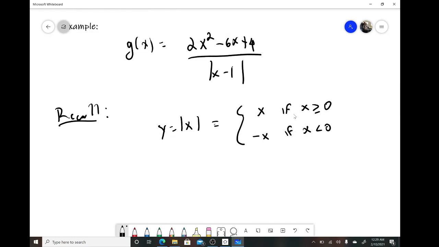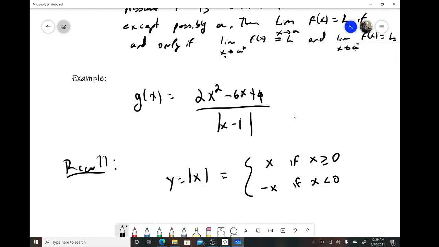Okay, so what can we do here? I could split up this g function into two pieces. And I'm finding, by the way, the limit as x goes to 1 of g of x. So this is what I'm trying to look for.